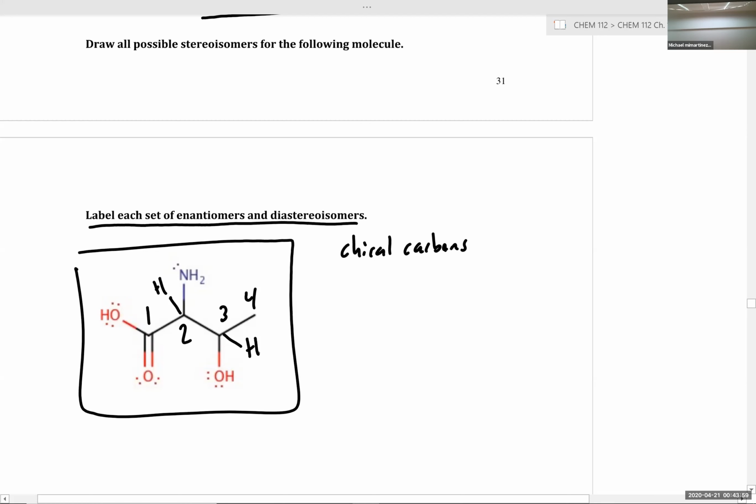And don't be shy to type in the chat or unmute and voice your input. So for chiral carbons, remember rule number 1, we have 4 different substituents.